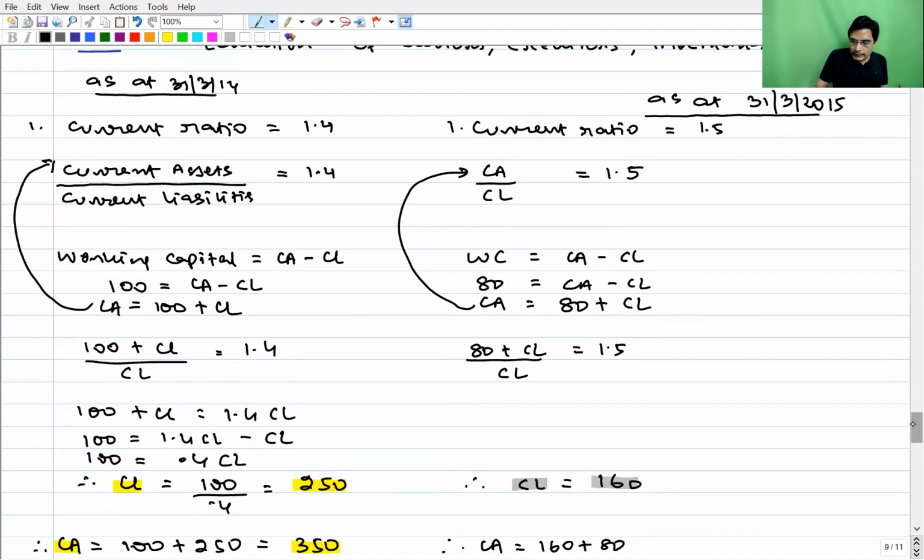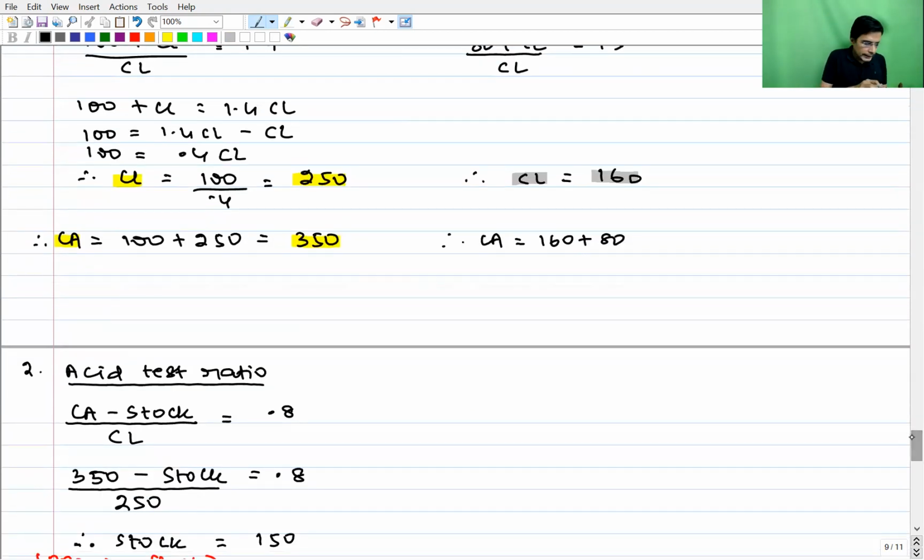So current liability is 160. So current asset will be 160 plus 80, 240. This is the total current assets existing with the entity at year end.